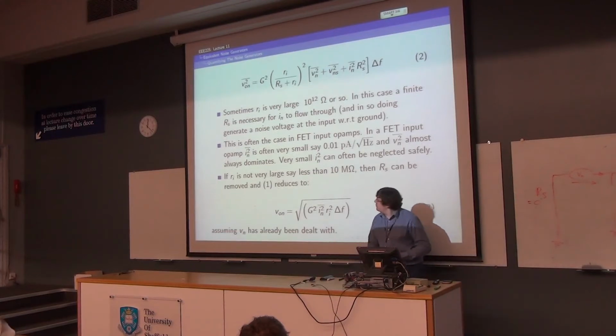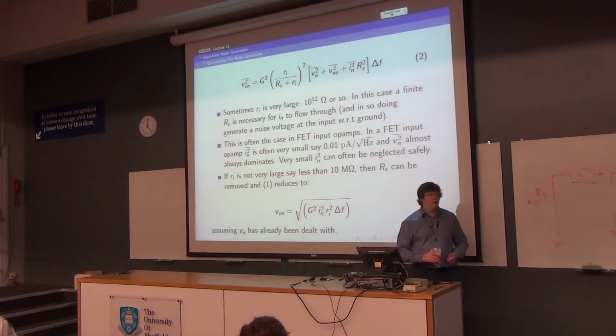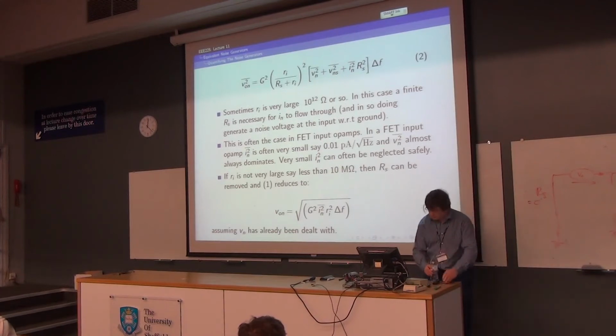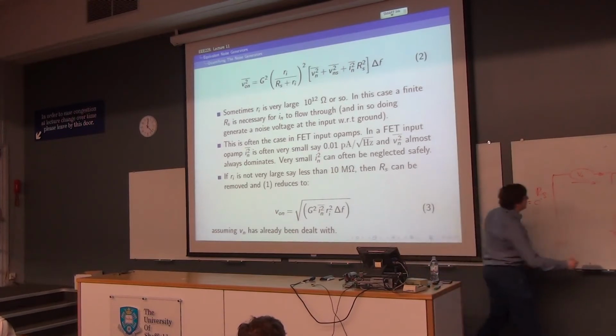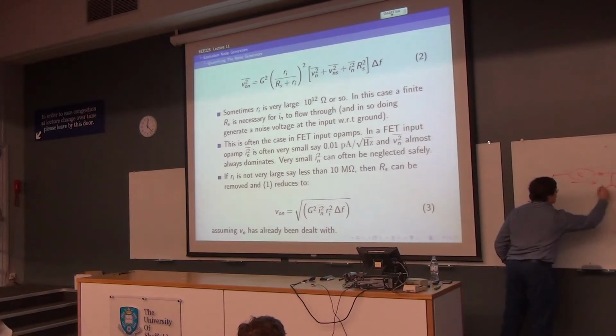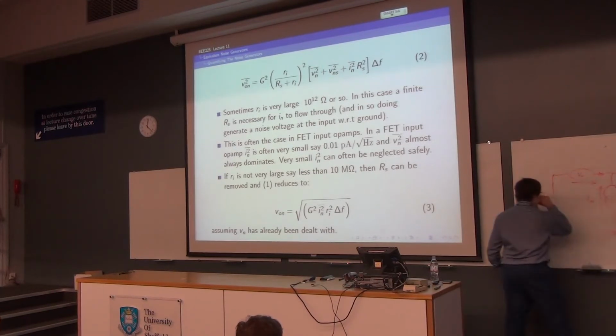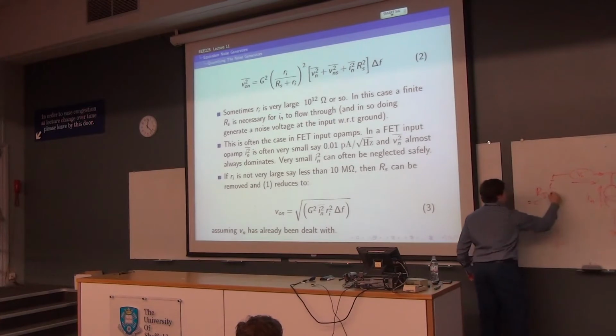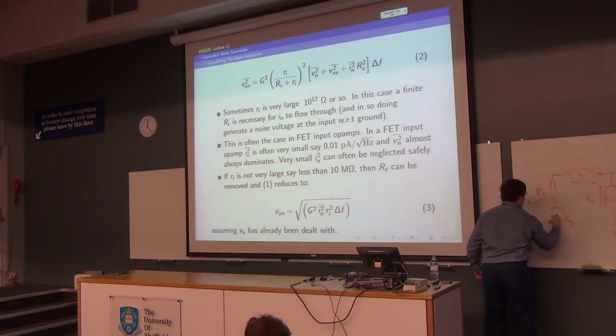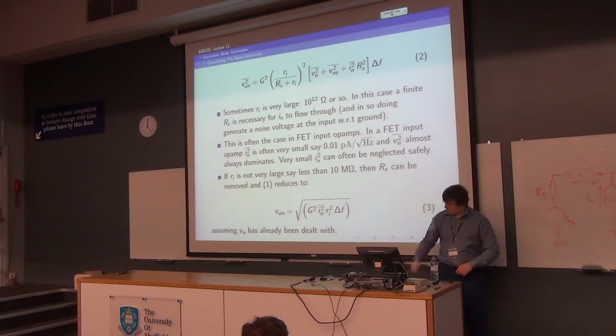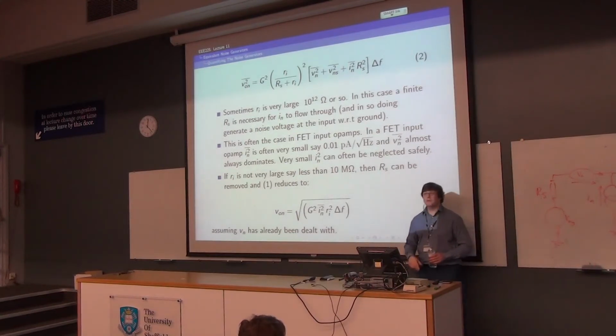Now, depending on the amplifier you've got, your Ri, tell you what, I'll draw it up here again just so I've got what the point's at. Depending on your type of amplifier, Ri can be very, very large.